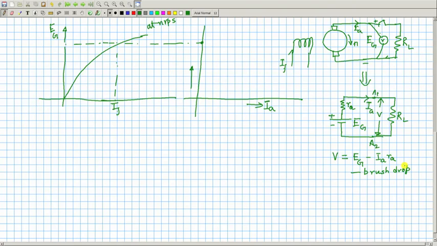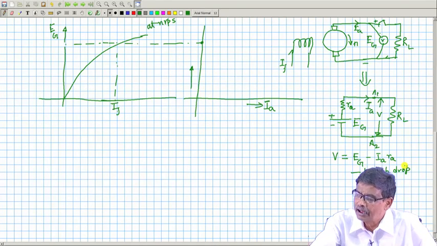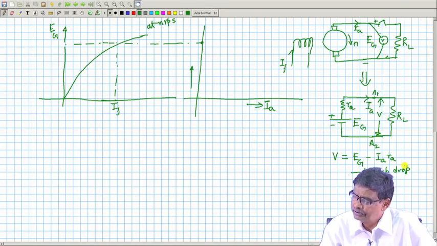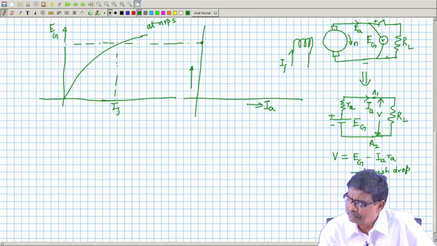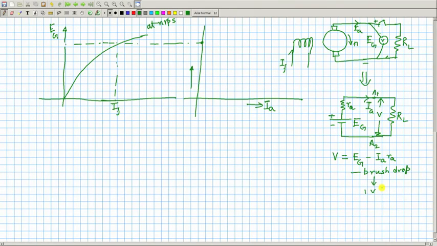Sometimes it is neglected. Generally what people assume is 1 volt drop per brush. The reason is that no matter what armature current you draw, people assume the brush drop is some 1 volt per brush. Therefore, with 2 brushes, minus 2 volt extra, apart from the armature resistance which is inside the armature because of the armature winding.